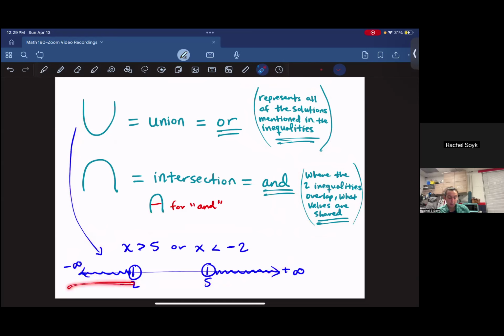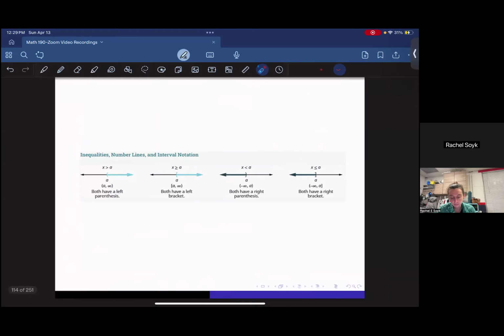We're representing both of these solutions, all values from negative infinity to -2, and all values from 5 to infinity. And then this is just a notes section representing our parentheses and hard brackets shooting off to the right or shooting off to the left based off of the direction of the inequality.